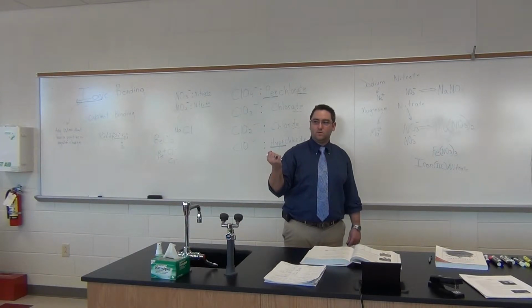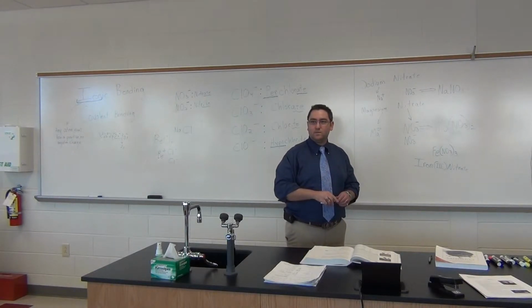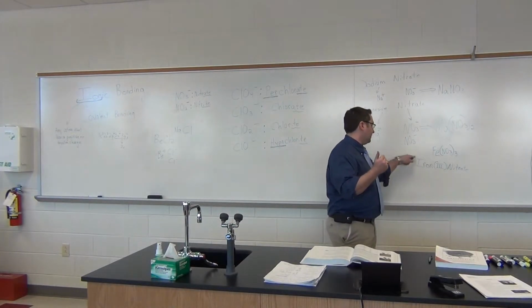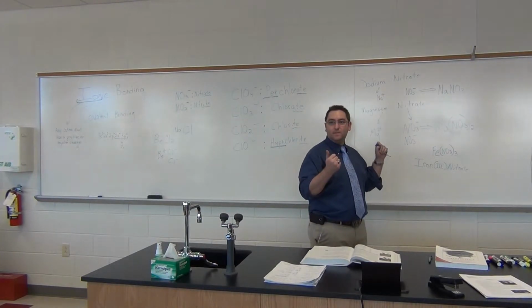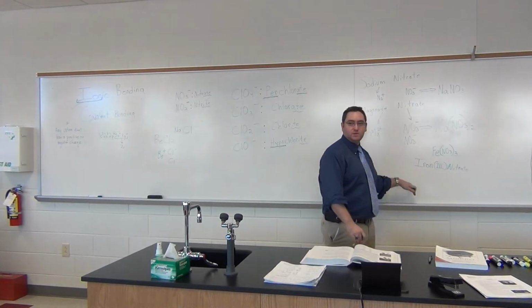On the test, will it say change formula into name? I would say go from formula to name. We'll just see the formula. You can now write down on your sheet which ones have more than one charge. Some of them I might put multiple choice.